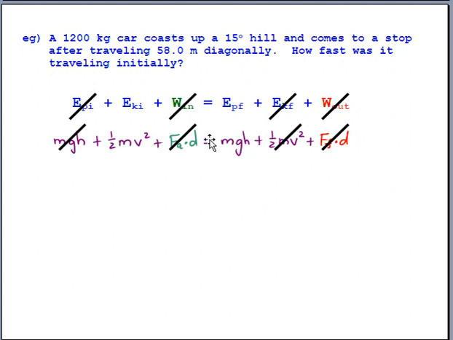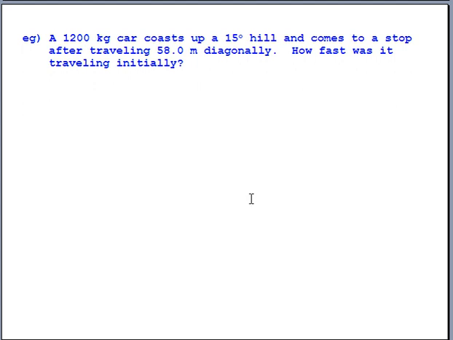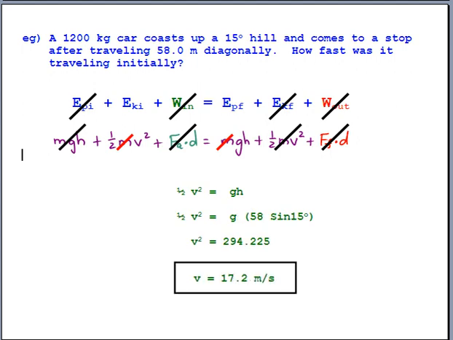The m's are going to go now because everything that's left has an m in it, right? The 2 terms that are left. The reason why I've got this example here: if somebody gives you a picture and they say, okay, in terms of a diagonal, we're going to go like this, 58 meters with a 15-degree angle, then it's important for us to know this height right there.